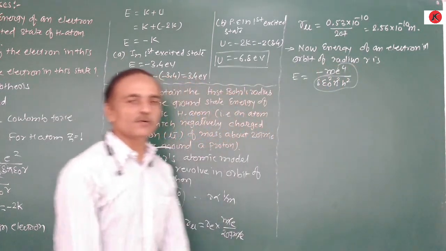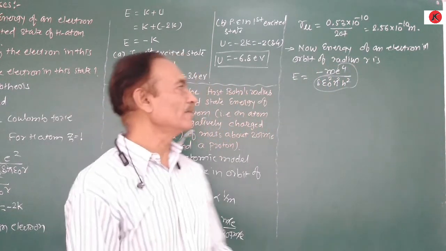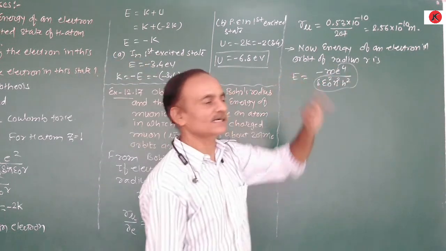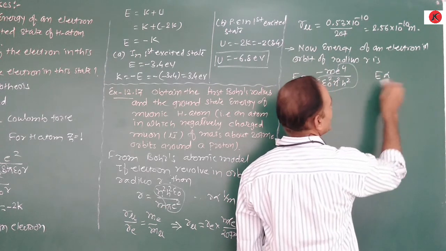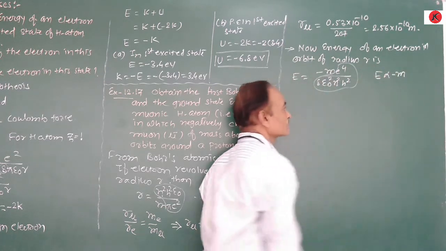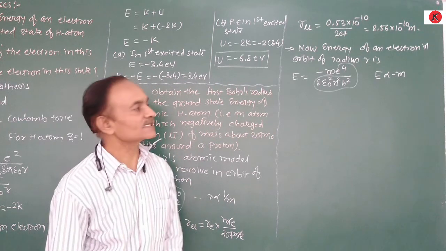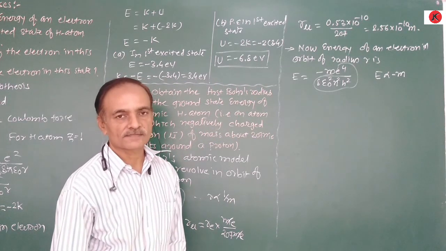Now for the given electronic atom and muonic atom, these terms are constant. Therefore, energy is directly proportional to the negative of the mass.